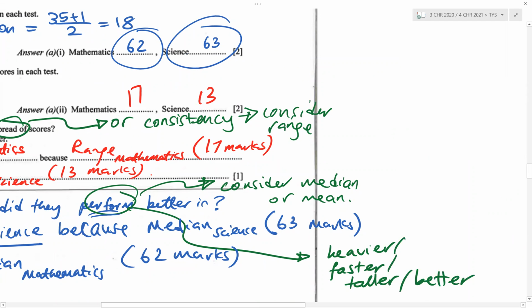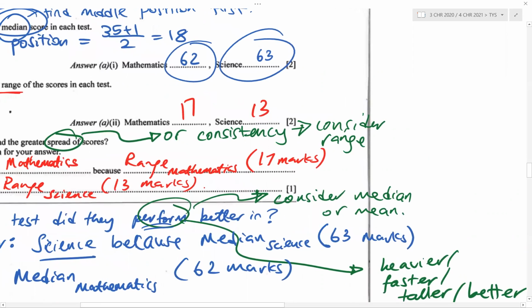These are words that indicate we are dealing with performance. So you look at the median or the mean. Whereas the word consistency or spread requires us to consider the range. So these are exam tips for you.